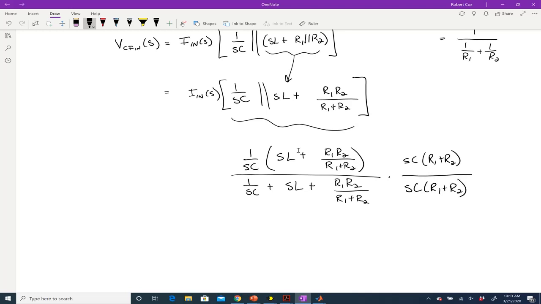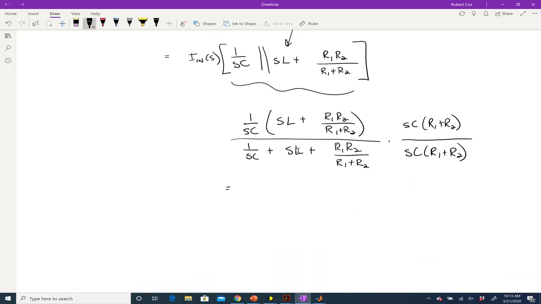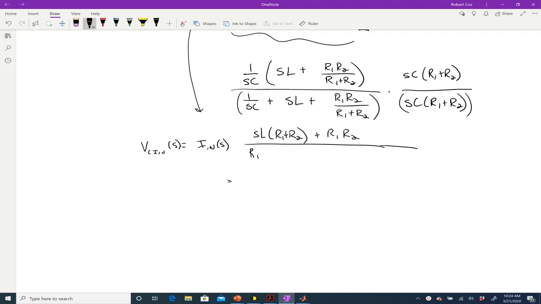The SC's on top cancel, so the numerator becomes SL times R1 plus R2 plus R1 R2, over R1 plus R2 multiplied through, plus S squared LC times R1 plus R2 plus SC times R1 R2.